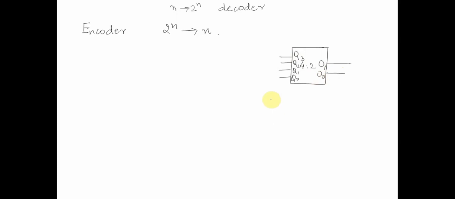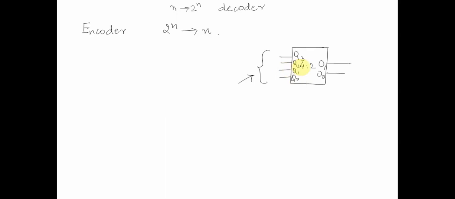In an encoder, at least exactly one of the inputs would be active, and depending upon which one is active, the output logic will be displayed over here. The output lines generate the binary equivalent of the line whose value is 1. Is this fine?